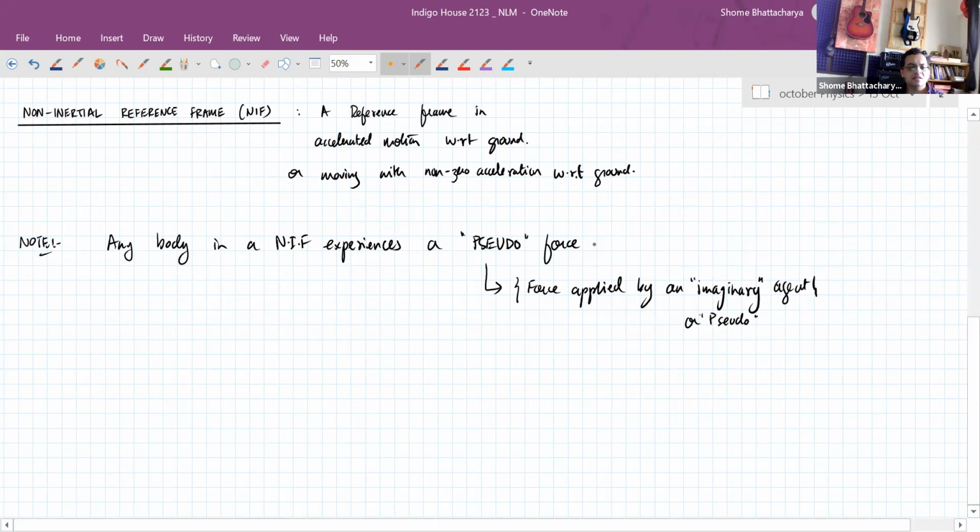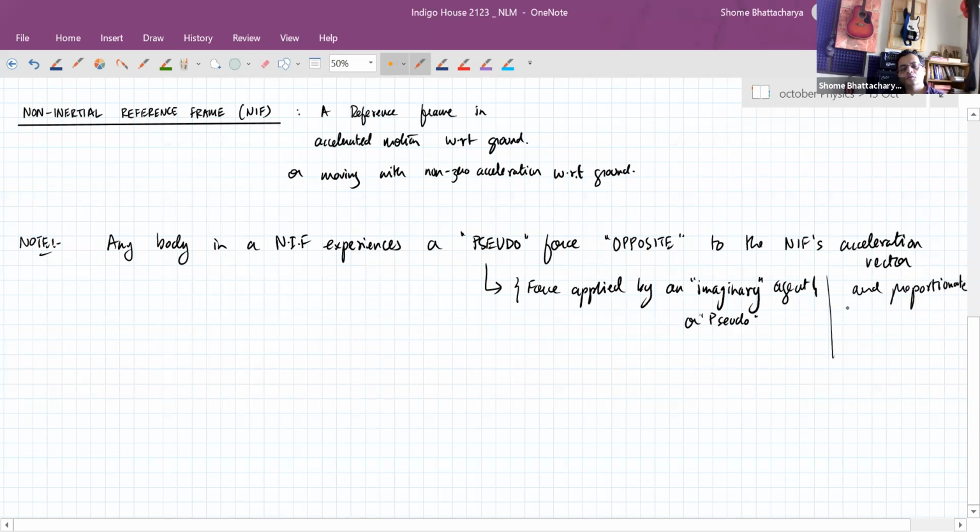So it experiences a pseudo force opposite to the non-inertial frame's acceleration vector, and proportionate to its magnitude.